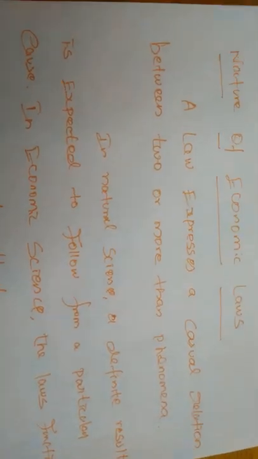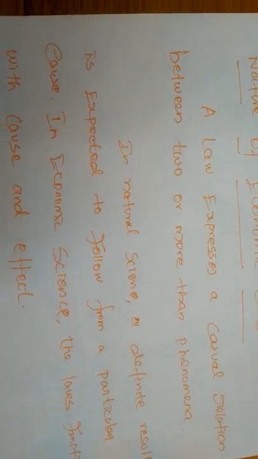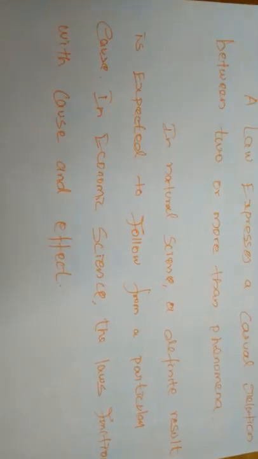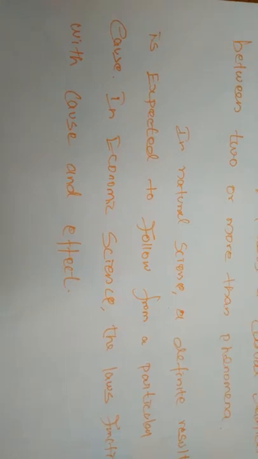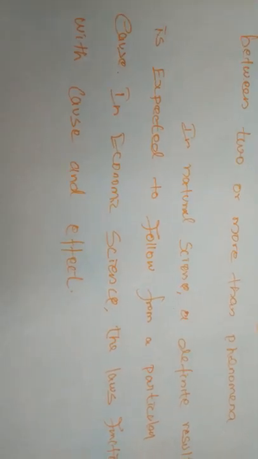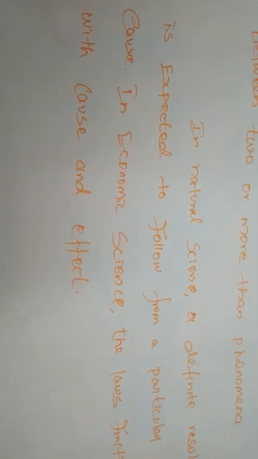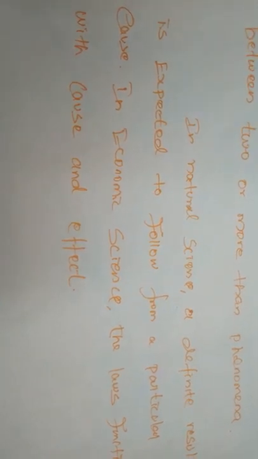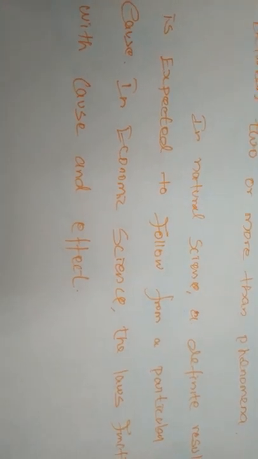In natural science, a definite result is expected to follow from a particular cause. For example, the law of Newton: its result is unable to change. It will never change. According to the law, if you throw a stone in the sky, it will come back to the earth only.